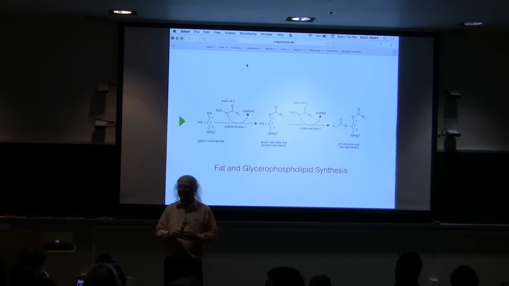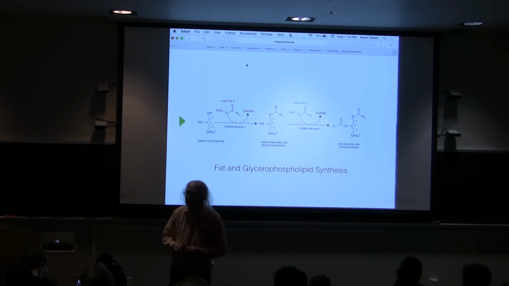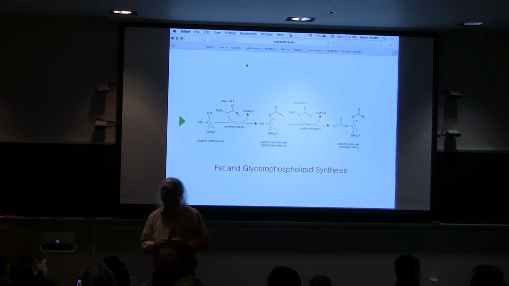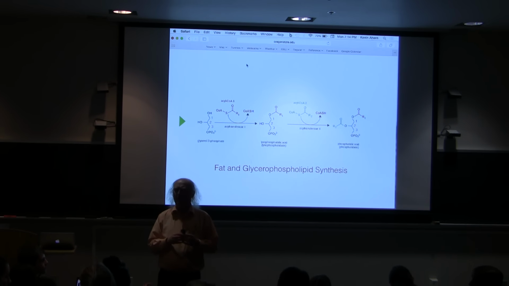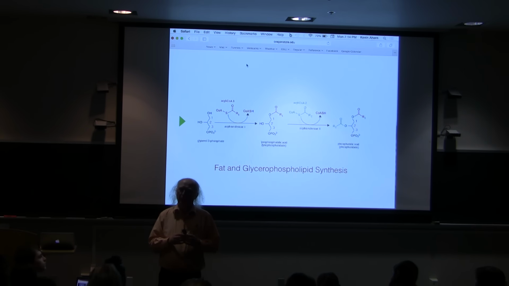Yes? Why are reduced electron carriers what? Not what? So, like, if it's uncoupled, then the electron transfer is still healthy. Yep. Why is that not affected by?